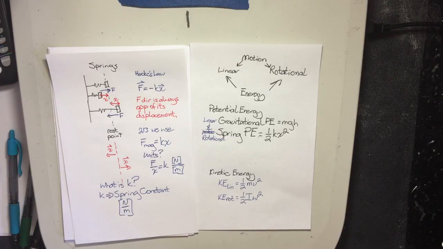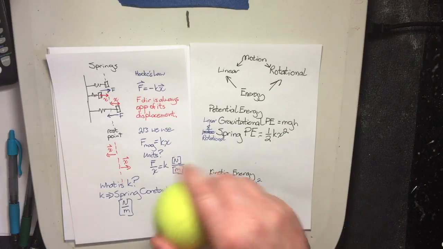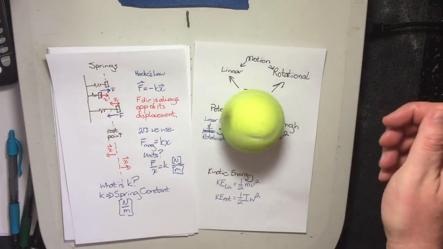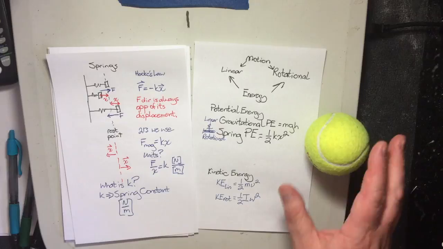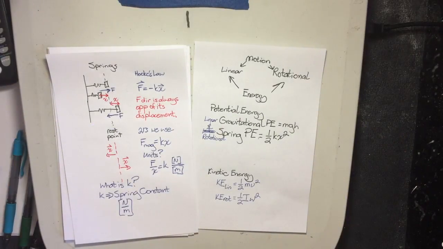So you write down 1/2 mv squared, and that would let you know how much energy it had. If it was just simply rotating like that, it would have a pure rotational energy. If it sits and rolls like that, it has a rotational and a linear component.